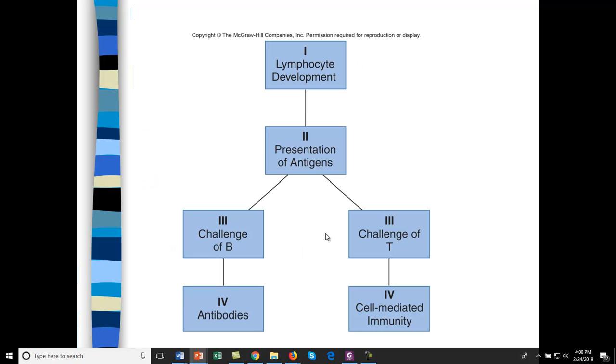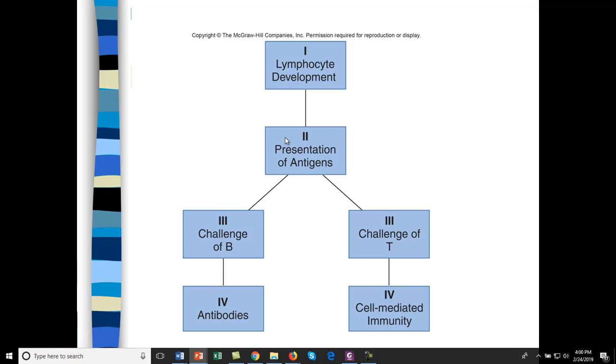Okay. And so we have lymphocyte development. We have lymphocytes that are T cells and B cells. And then through phagocytic cells, we'll have presentation of antigens. Antigens are then presented to different types of T cells.